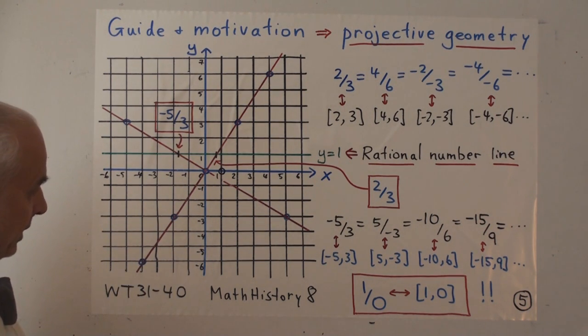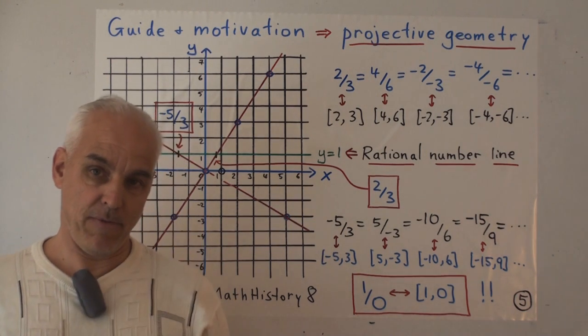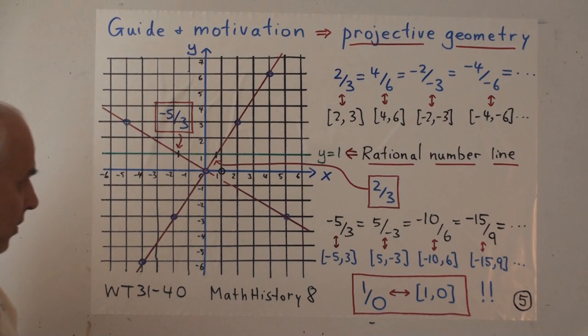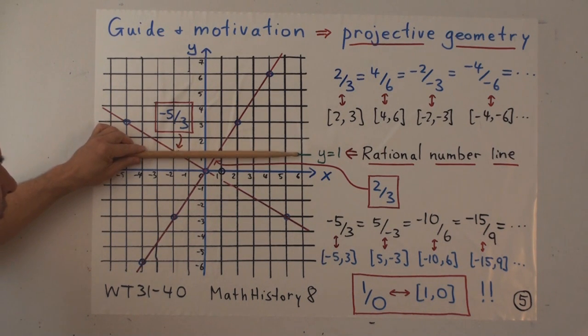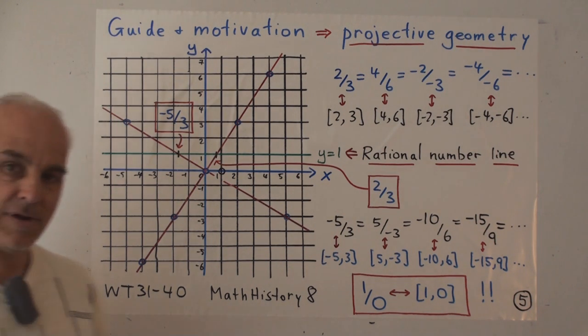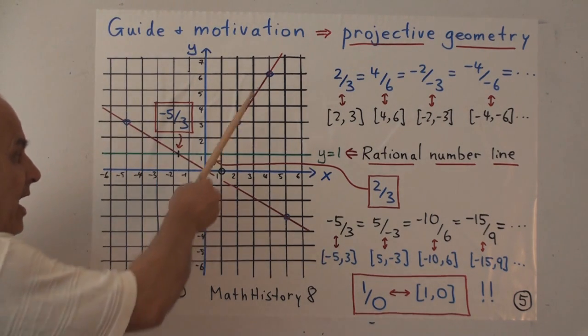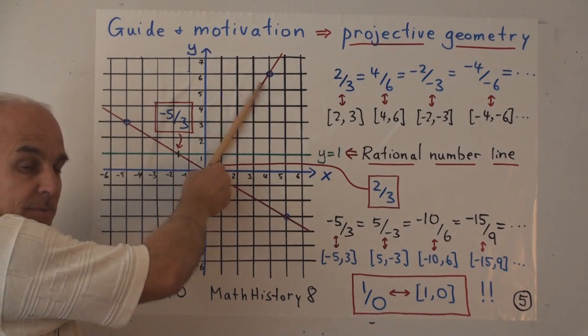Let me remind you that one possible interpretation of rational numbers was as follows. We could think of the rational number line as actually the line y equals 1 in this plane. And that interpretation connects rational numbers with lines through the origin.